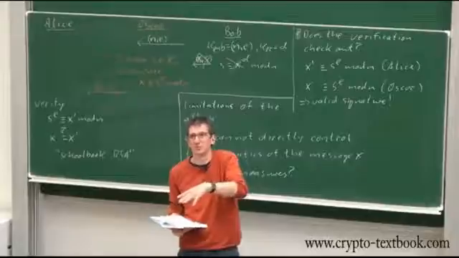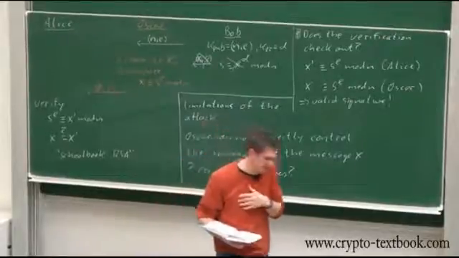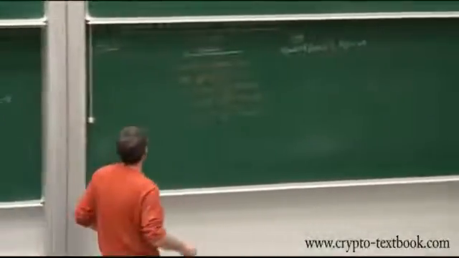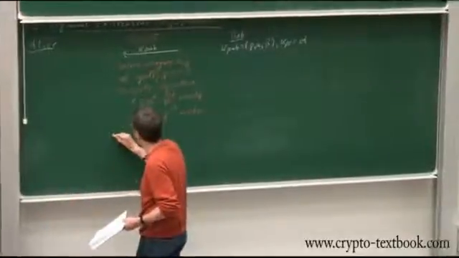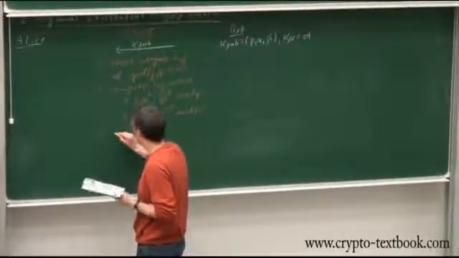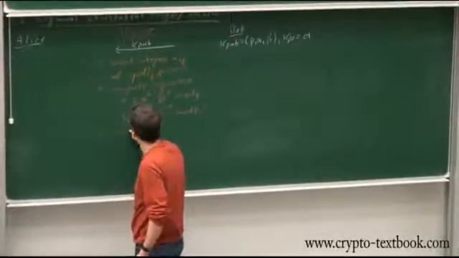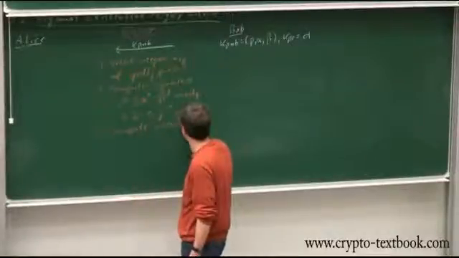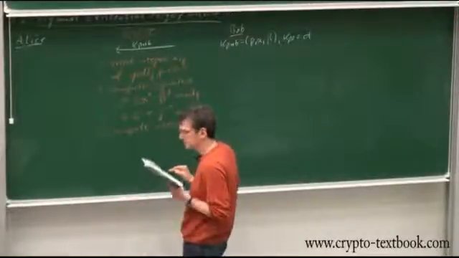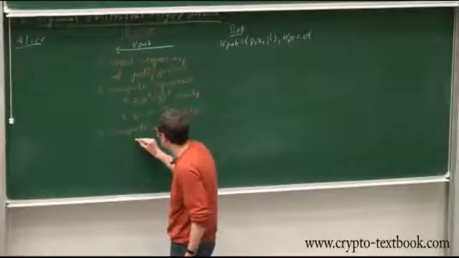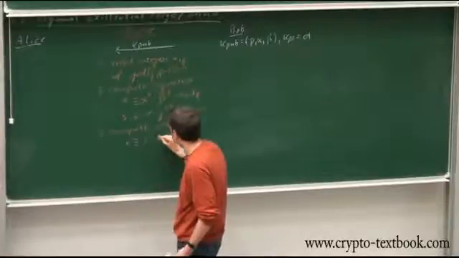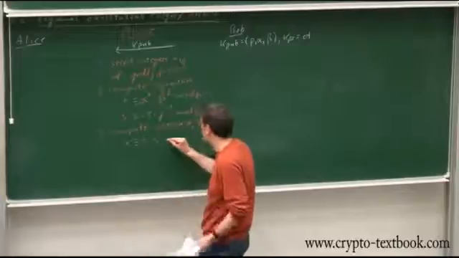Normally you have your message, you compute a signature. With this existential forgery attack, you do it the other way around. Same here. Once Oscar has the signature, in the third step, he computes the message, namely x, the message is s times the parameter i, mod p minus 1.